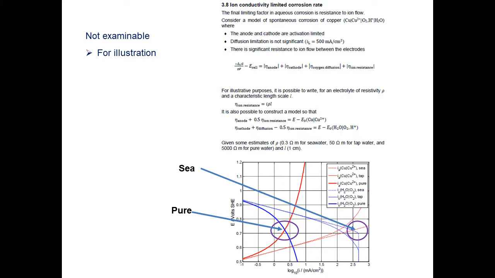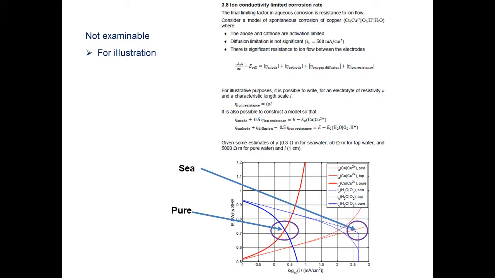Let's consider an electrolyte of resistivity ρ and some characteristic length scale L, which means that we have an ion resistance polarization given by equation 3.35, just current density times resistivity times characteristic length scale L. If we invent a model where we have polarization at the anode, which is the Tafel polarization plus half of this ion resistance term, slightly arbitrarily we'll call it that, and at the cathode we say we have the cathode Tafel polarization plus the diffusion limitation polarization plus half of this ion resistance term.